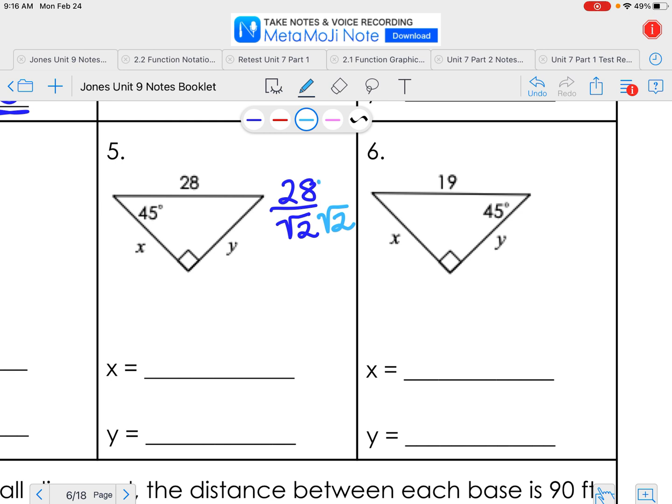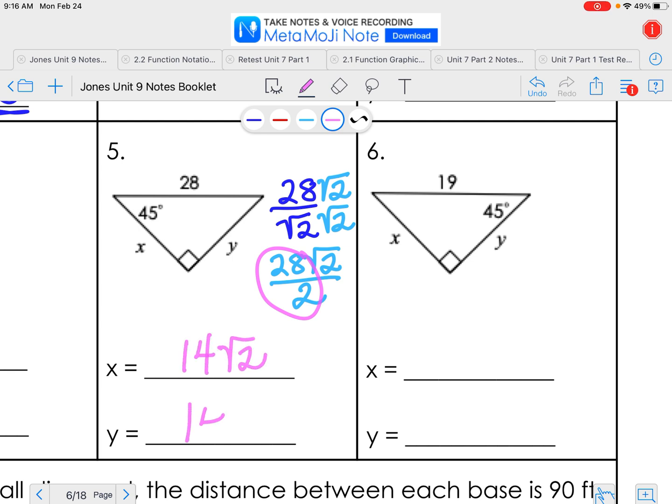In order to keep it equal, I have to do the same to the top and the bottom. So I get 28 square roots of 2 over 2. 28 divided by 2 simplifies to 14. Therefore, both legs are 14 square roots of 2.